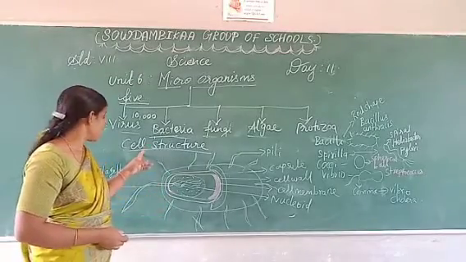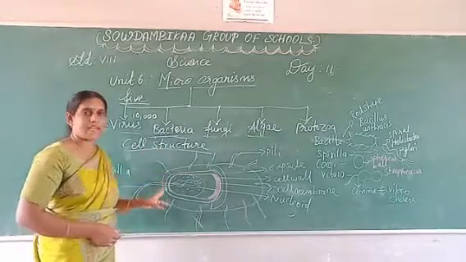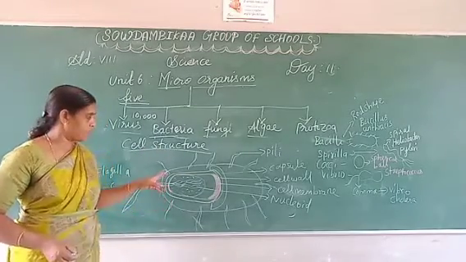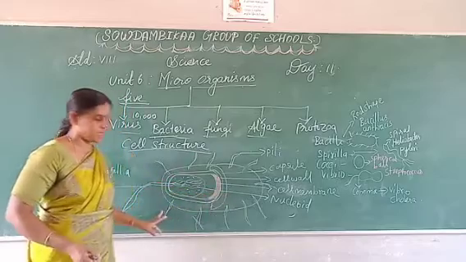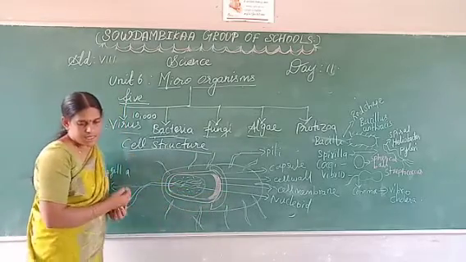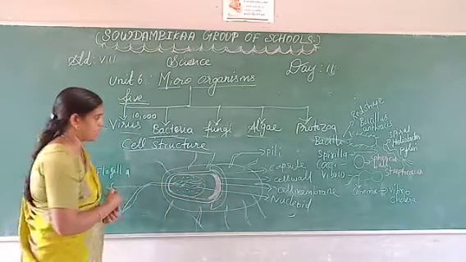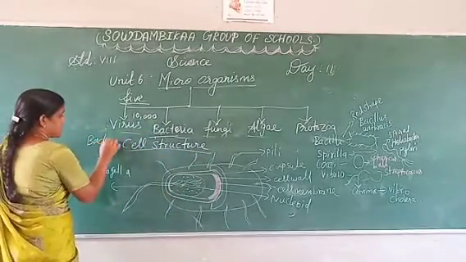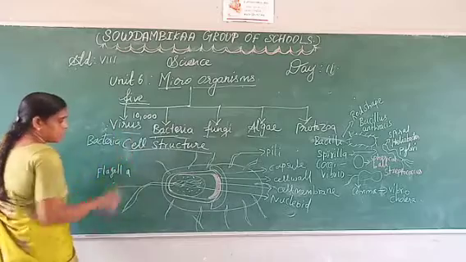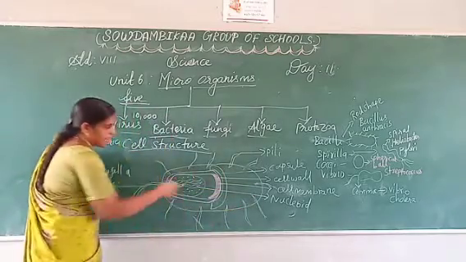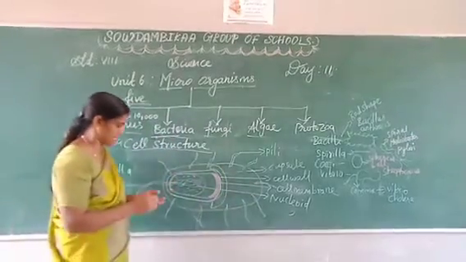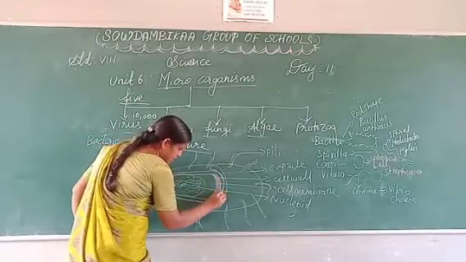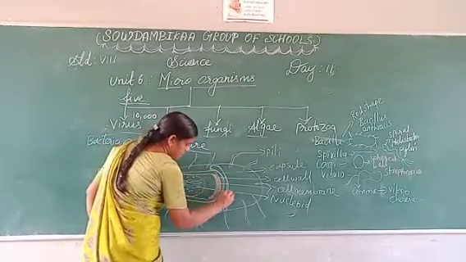Draw the diagram of the bacteria cell structure. Now I am drawing the outline and differentiating the colors. Draw it like this.